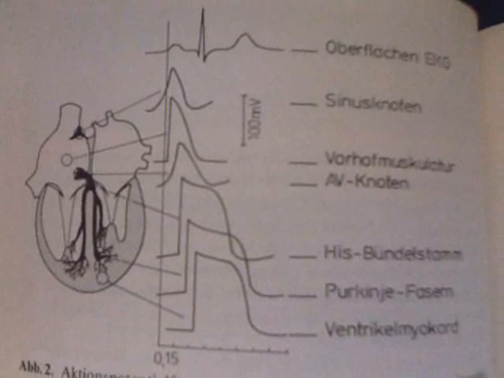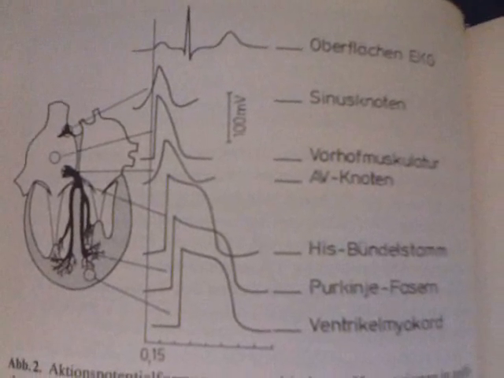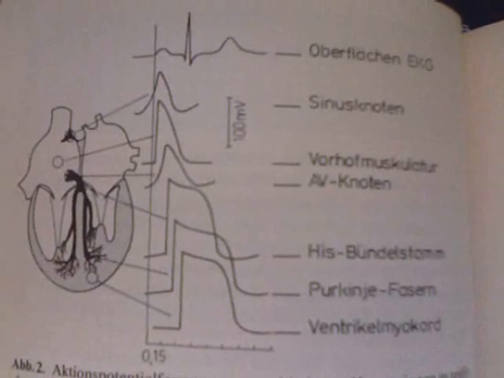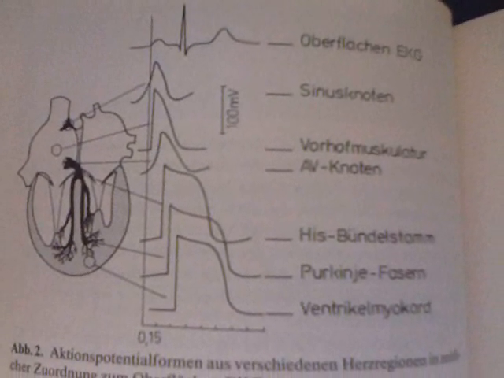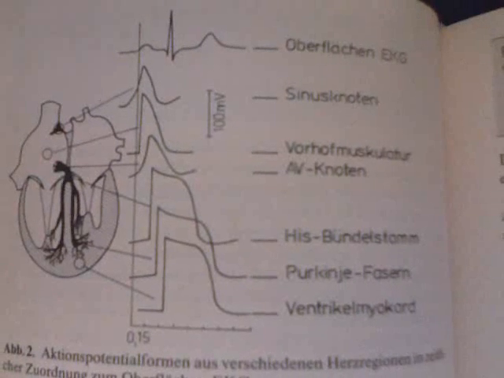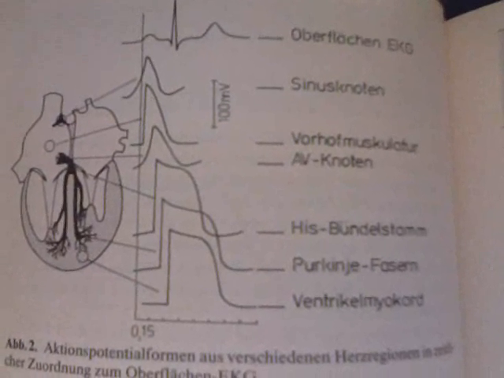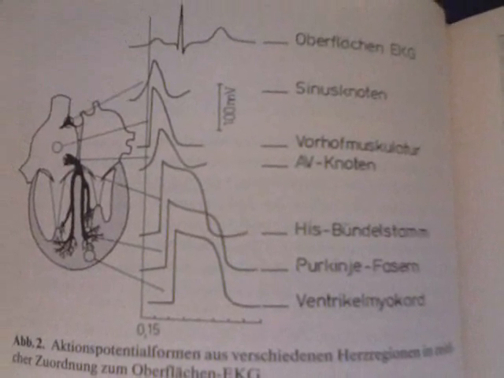And then we come down next to the His-Bündelstamm, and that is the His-Purkinje system. Down below is the Purkinje Fasern, or the Purkinje fibers.